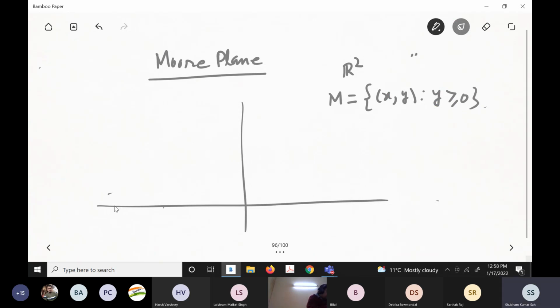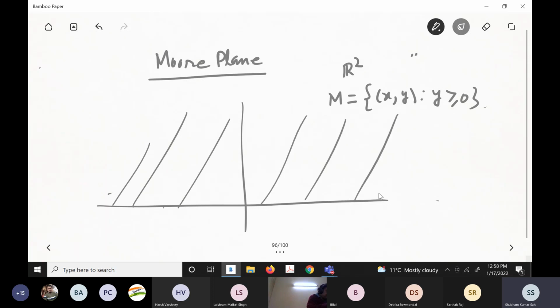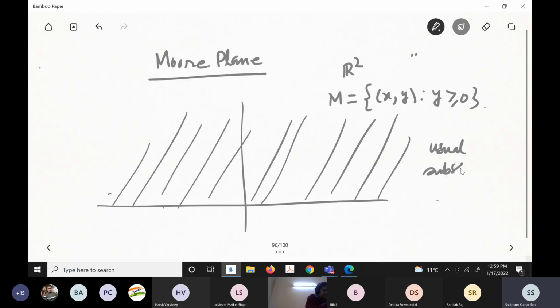That is the upper half plane, including the x-axis. Now I have to give a topology. How to give this topology? Right now you have the usual subspace topology, you could take that. Usual subspace topology means the topology induced by the topology on R square.